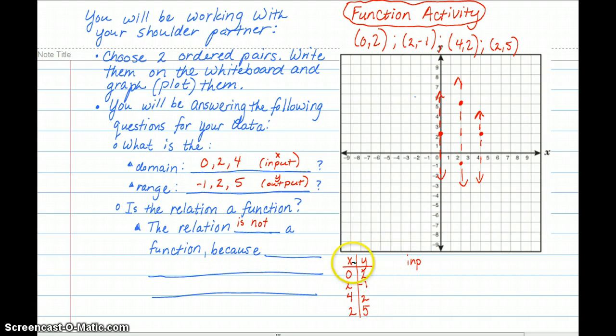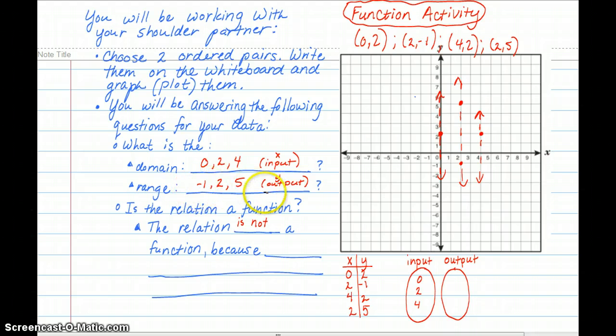This vertical way that I'm going around in a circle, or a horizontal table, which is on page 69, is a much more typical way of showing an input-output table. But on page 67, and I've seen them elsewhere, you will see input and output tables that look like this. Very strange looking. So our domain values, our input values, are 0, 2, 4.